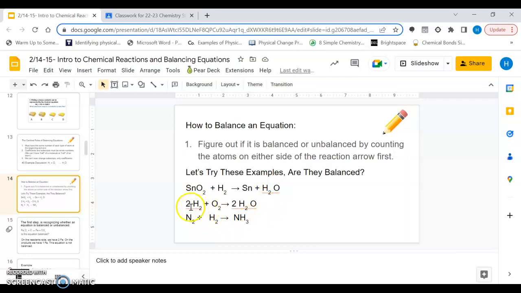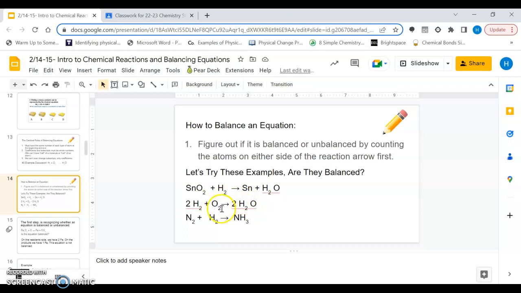All right, let's look at this one. In this case, I have 2 hydrogen molecules, and each hydrogen molecule has 2 hydrogen atoms. So 2 times 2 is 4. I have 4 hydrogen atoms in my reactant, and I have 2 times 2, 4 hydrogen atoms in my product. All right, so hydrogen's all right.